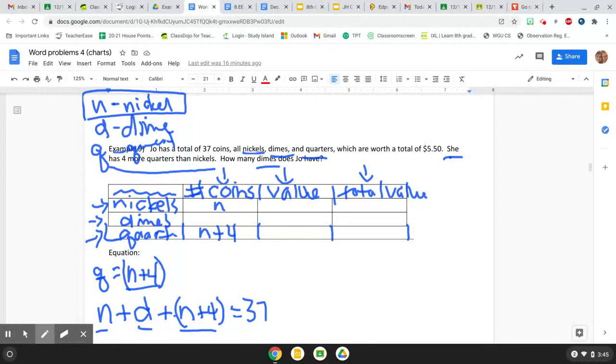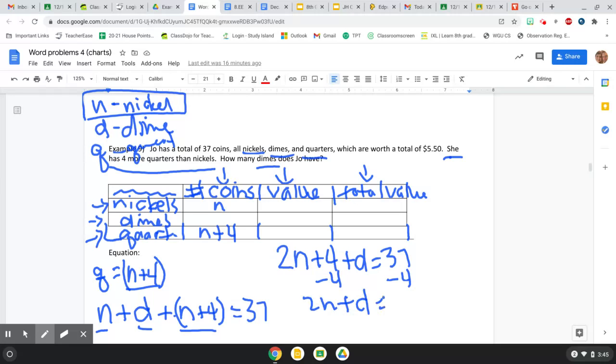So I'm just going to combine like terms. So I have 2n plus 4 plus d equals 37. Again, my goal is to get d equals so that n can be part of the equation here. So I'm going to subtract 4, and that's going to leave me with 2n plus d equals 33.